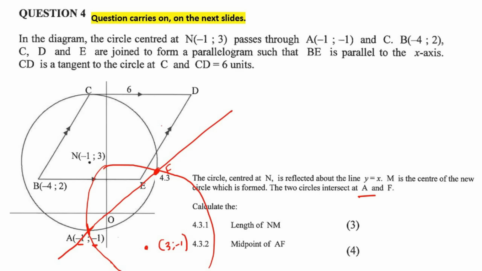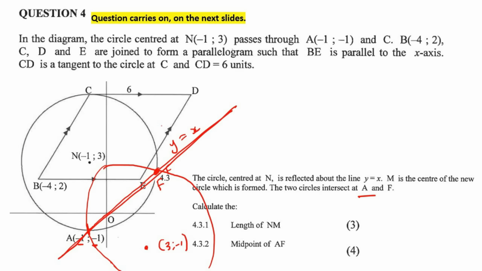Okay, so the points where these two circles intersect are going to be on this line y equals x. So I'm going to try and find the coordinates of F and A by finding where the straight line y equals x intersects this circle.